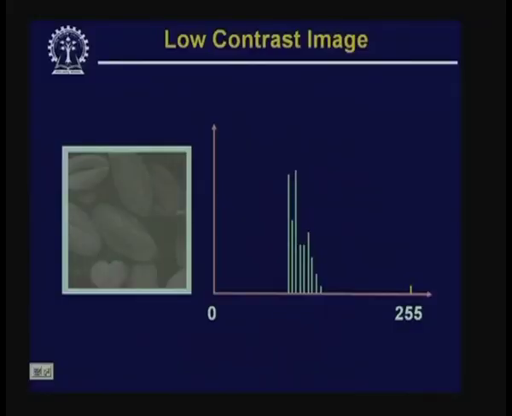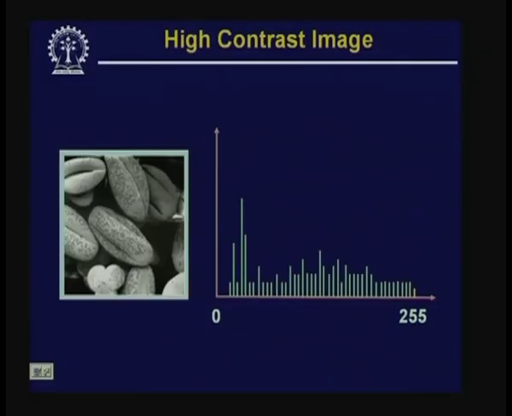As the next slide shows, which we call a high contrast image, you find that most of the details of the objects present in the image are visible, and by looking at the corresponding histogram we find that the pixels in this image have a wide range of intensity values, starting from a very low value which is near about 0 to the maximum value which is near about 255. So, we will say that a particular image has high contrast if its pixel intensity values have a wide range, starting from a very low value to a very high value.